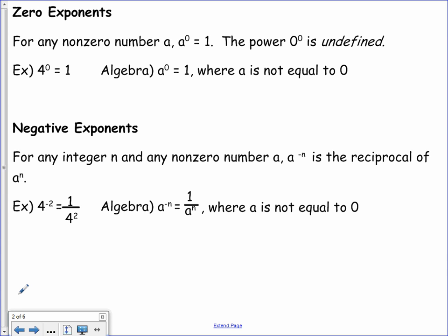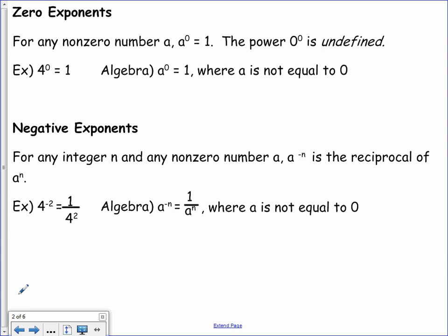Now negative exponents. If we have an integer n and any non-zero number a, so again we can't have 0 to any negative number, then a to the negative n will be the reciprocal of a to the n. So you'll write 1 over a to the positive exponent.